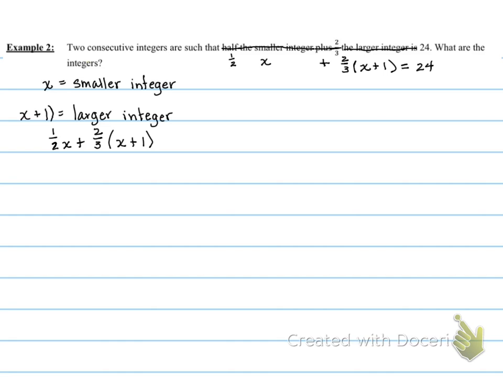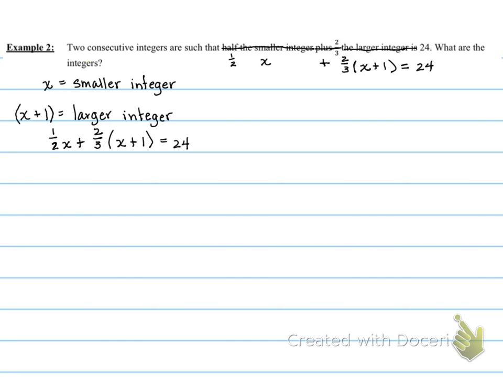Because this entire thing represents one number in my problem, I'm going to put parentheses around it, so that when I do anything with that number, I'm performing that operation on the entire number instead of just a piece of it. So equals 24.